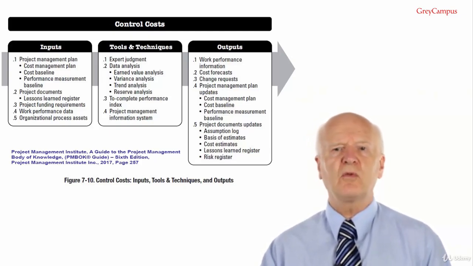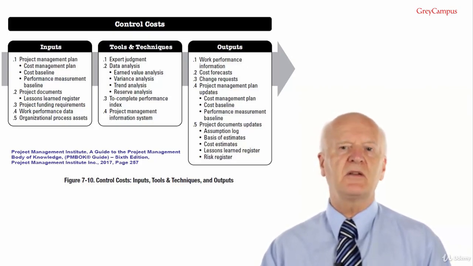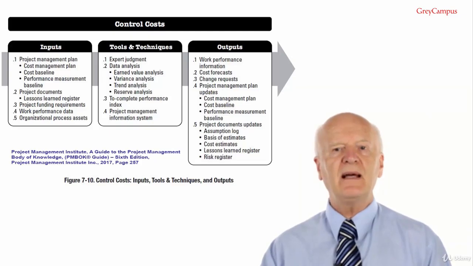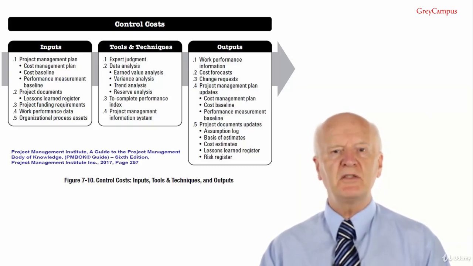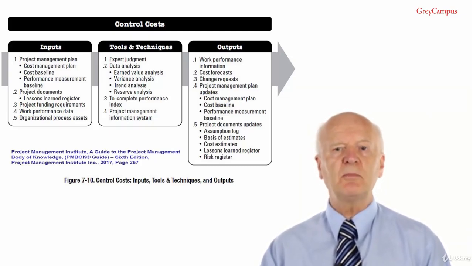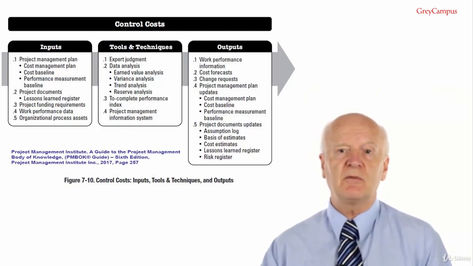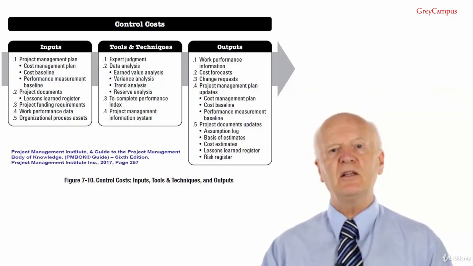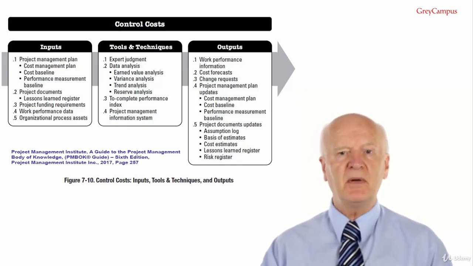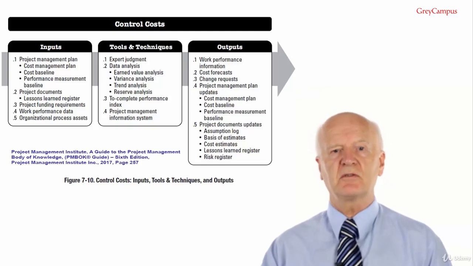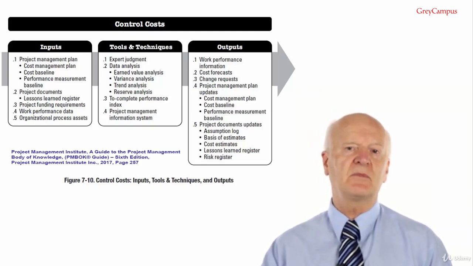For an activity or work package, planning package or control account, the planned value is the amount of budget you had allocated for it back at the beginning. For example, if you had budgeted $5,000 to build a 50-metre brick wall, the planned value for the wall equals the budgeted amount equals $5,000, because a budget is the amount you plan to spend on something.